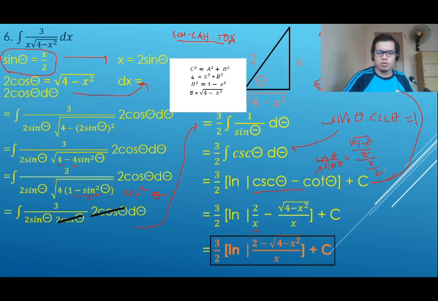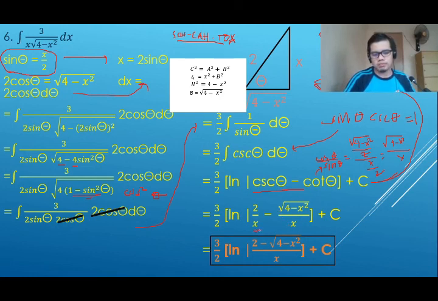Cross out 2. This becomes the square root of 4 minus x squared over x. Or you can simply reverse the formula for tangent theta, since cotangent theta is the reciprocal of tangent theta, so I have the square root of 4 minus x squared over x.